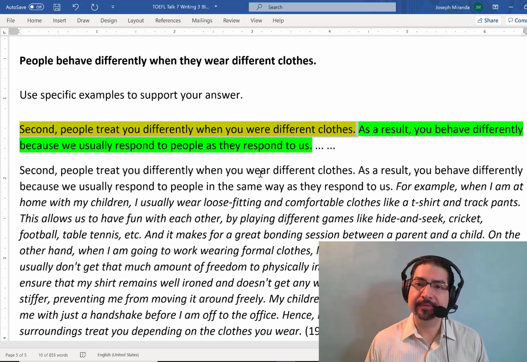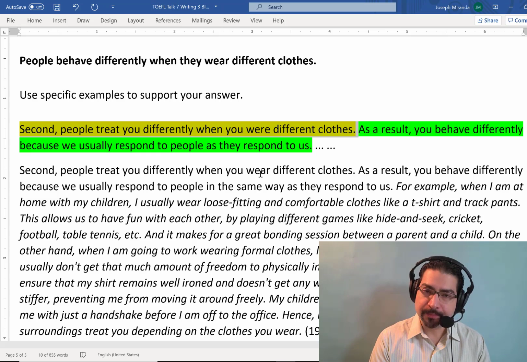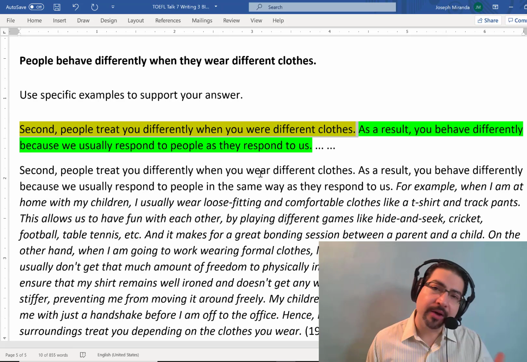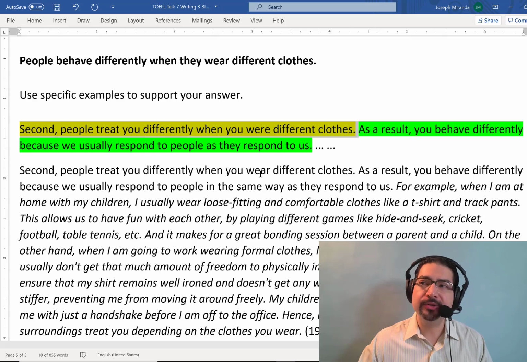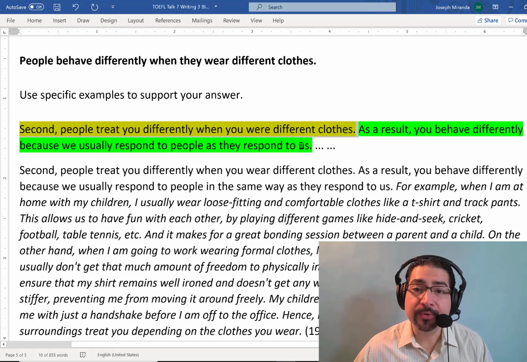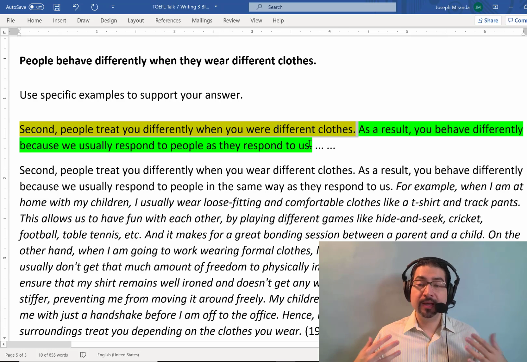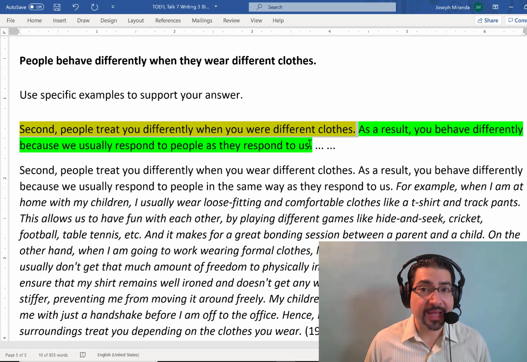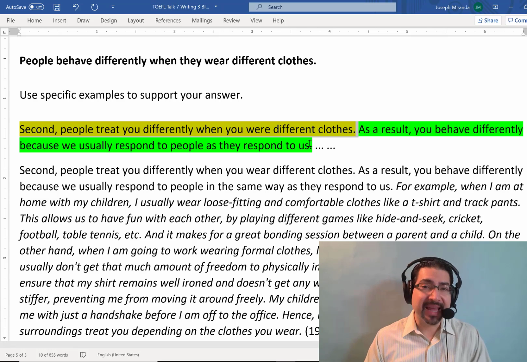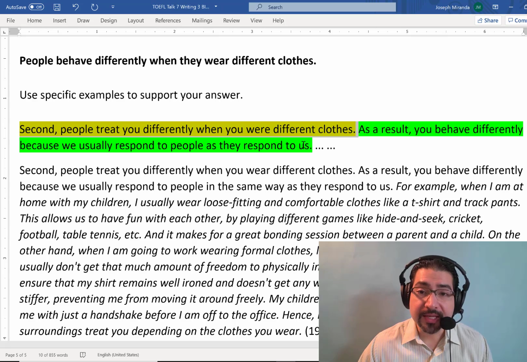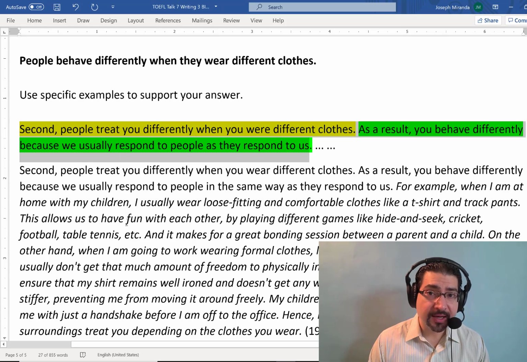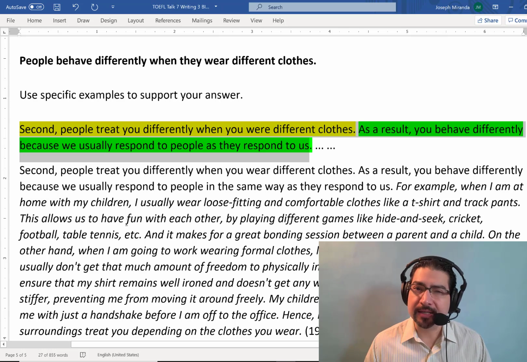So that's why we have the first two steps of give the reason, and always give the second step more clarity on how does that reason lead you to agree or disagree or have your opinion. So now we realize I wear something, you treat me differently based on what I'm wearing, and then I behave differently. That's the logic. So these first two steps, the grader reads not only for your grammar, but for your explanation.